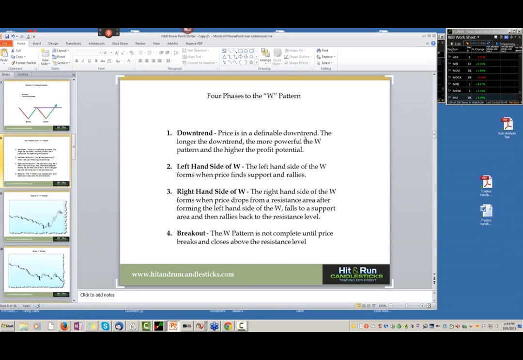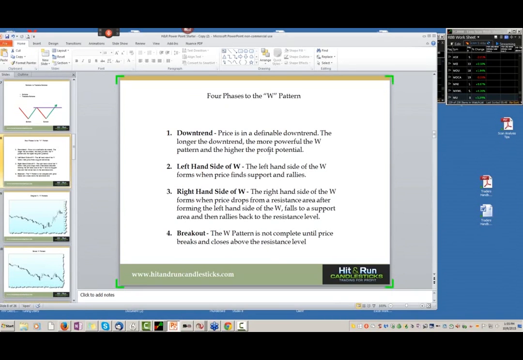That's definitely another bullish W, but we're talking mostly about the stocks that have been in a definite downtrend, kind of like what the market is right now, actually. So that's where we get the definable downtrend.